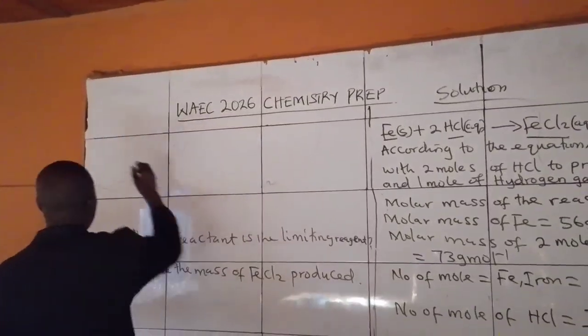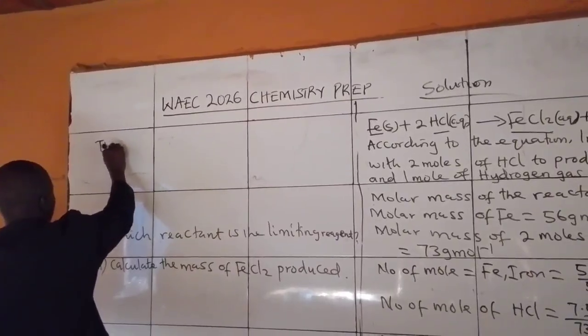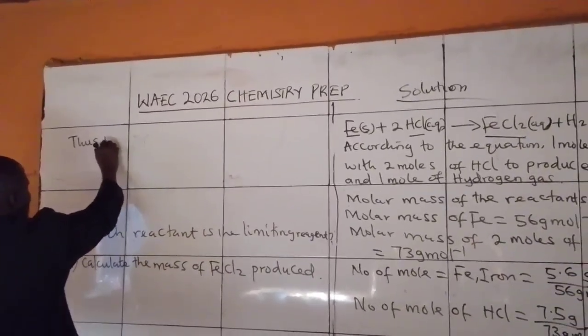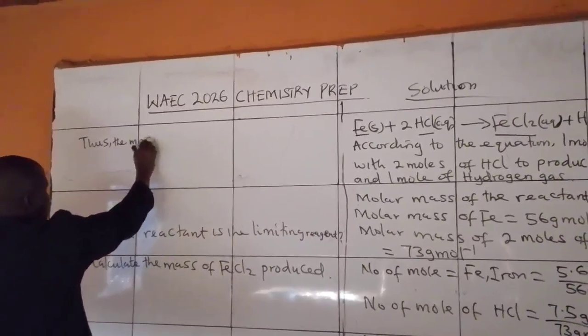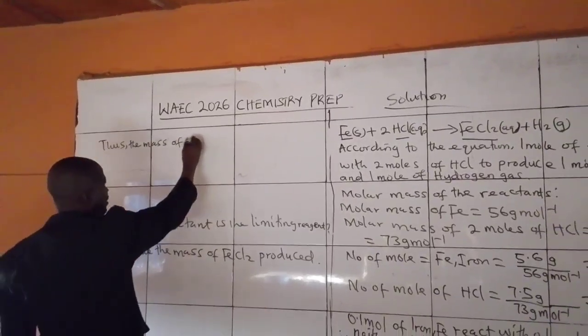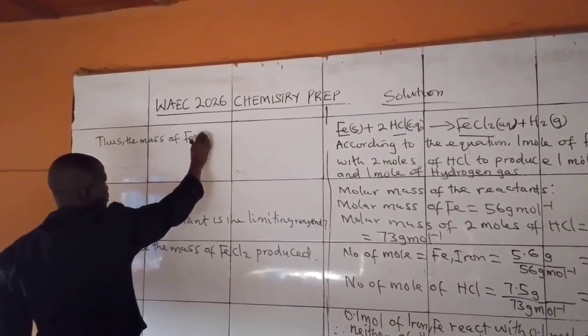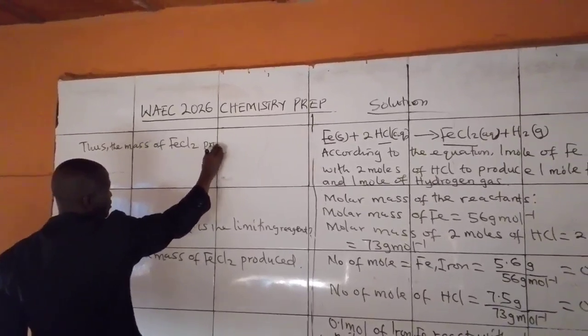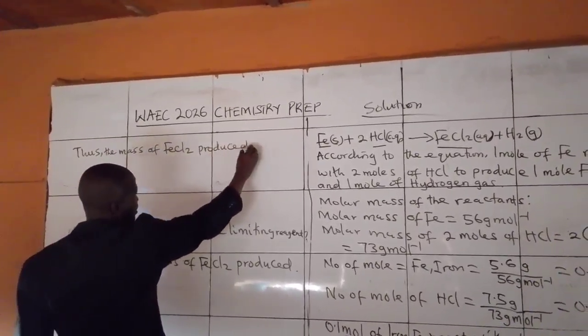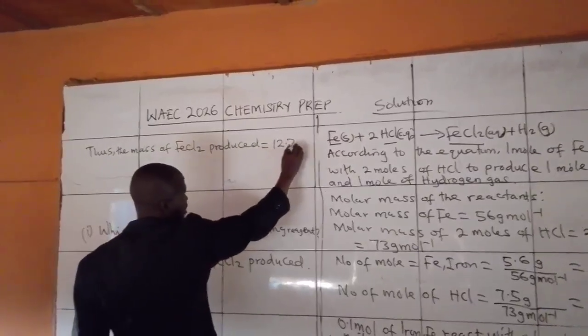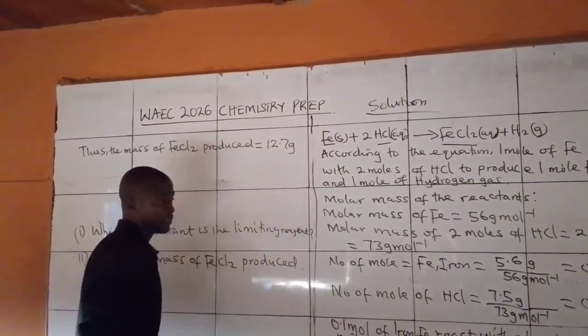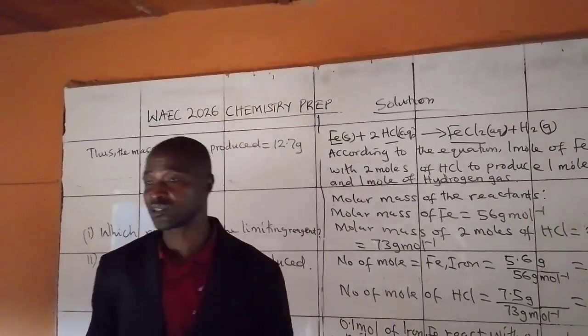Thus, the mass of iron(II) chloride produced is equal to 12.7 grams.